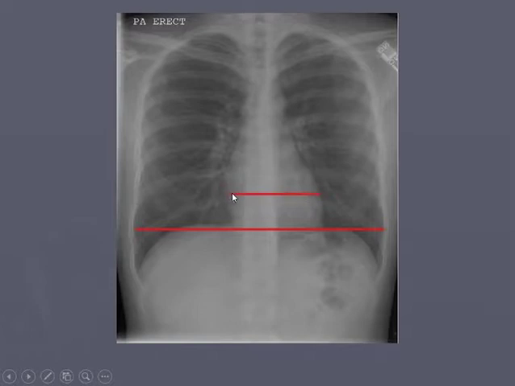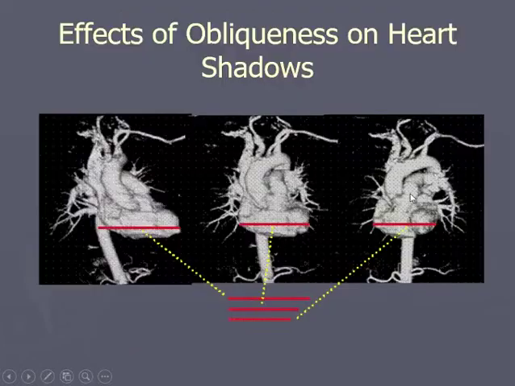You then take that size and move your hand over and see, is this width smaller or larger than the hemithorax, the one side of the chest? If it's less or equal, then it's a normal sized heart. If it's larger, then you do have some cardiomegaly.